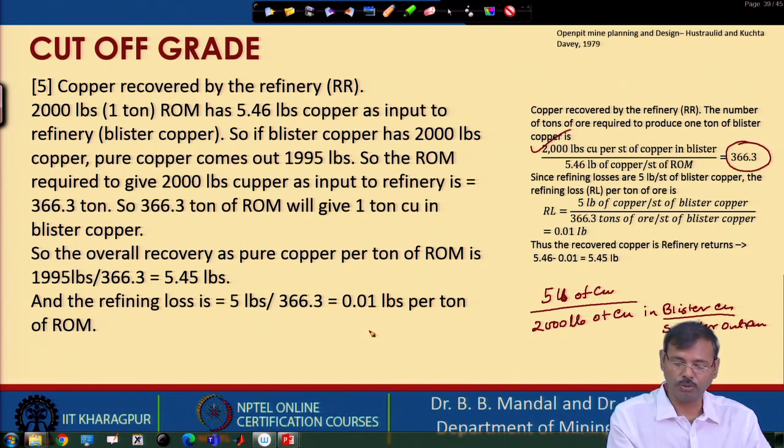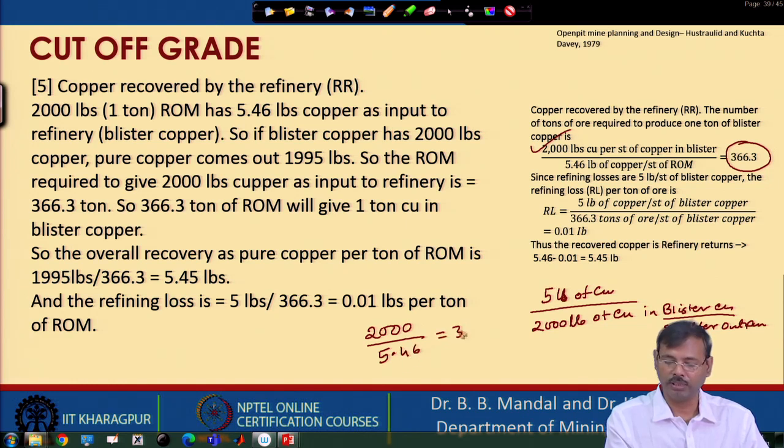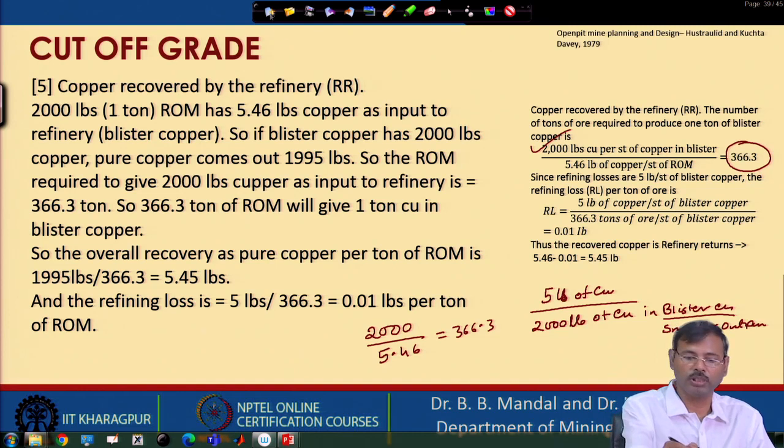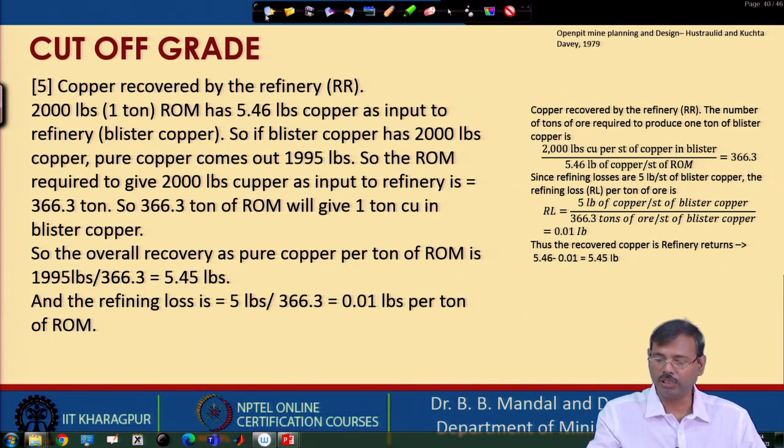So, that is why 2000 divided by 5.46 gives us 366.3. That much tonnage of ROM is required to get 2000 pound of copper in the blister copper.